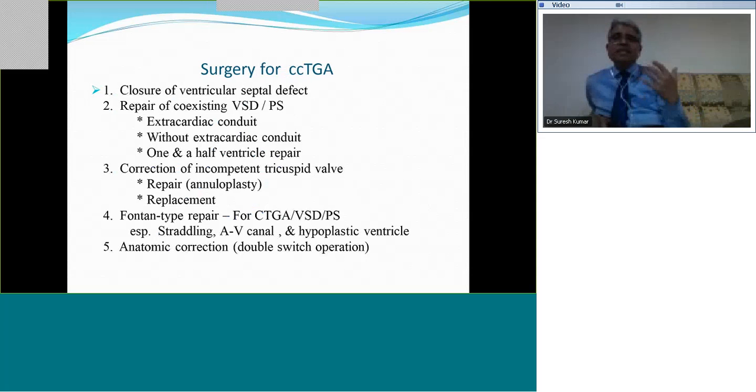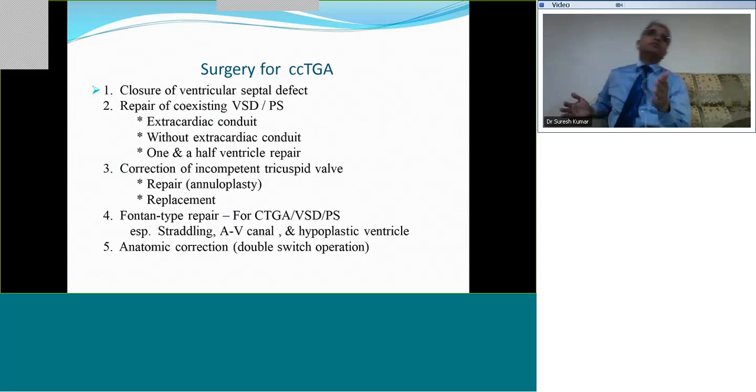So the surgery, I will go into a little detail. It may be simply to close a VSD. And if there is a VSD-PS, you may operate on it by opening up the outflow of the right-sided ventricle without using a conduit, or actually using a conduit between the anatomic left ventricle and the pulmonary artery.